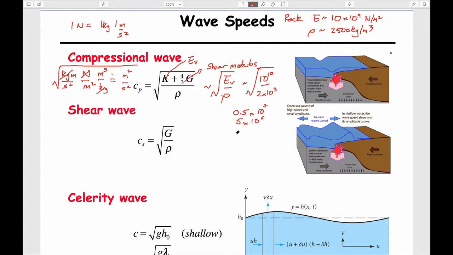Which is the same as square root of this is about square root 5, 2.5-ish, say 2 times 10 to the 3, that's about right, meters per second. So the speed of sound in rock used in seismic prospecting is somewhere between 1,000 and 5,000 meters per second. So this is 2,500.